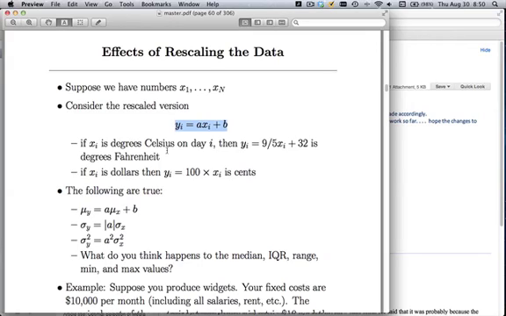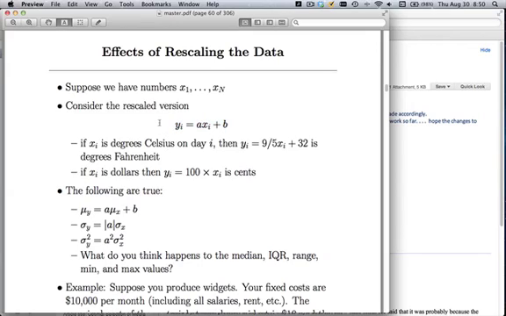For example, if you go from the number of yeses to the percentage of yeses, you're really just doing a linear transformation, since to get from the number of yeses to the percentage of yeses, you're dividing by some constant n. All right, so there's another example of a linear transformation.